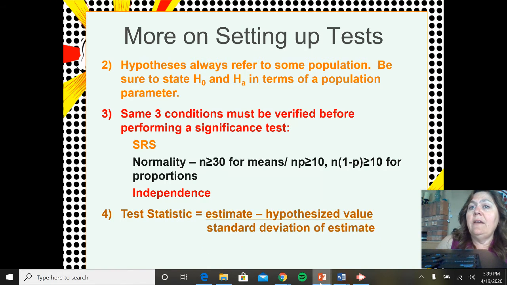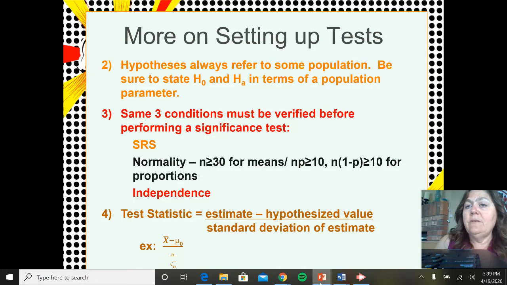The test statistic here is your point estimate that you get from your sample, x bar or p hat, minus your hypothesized value. So if they said hypothesized was 0.8, and our p hat was whatever we had, then you divide that by the standard deviation of the estimate, which again is sigma divided by the square root of n if sigma is known.